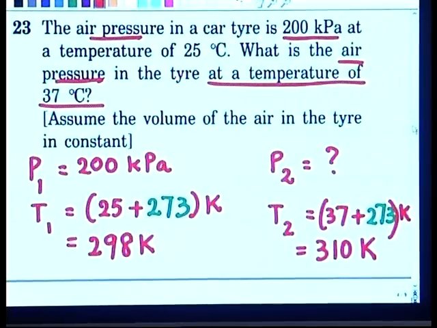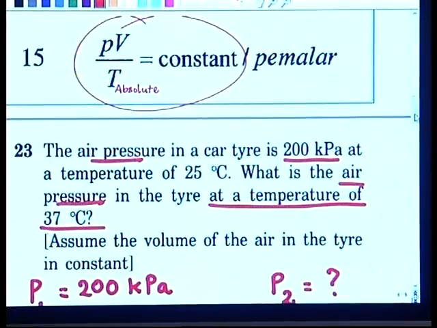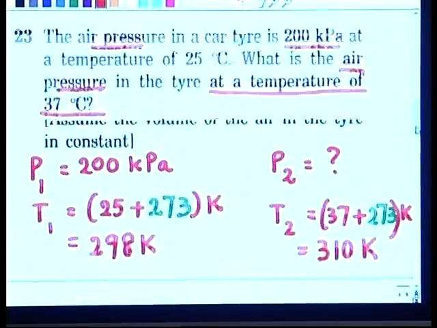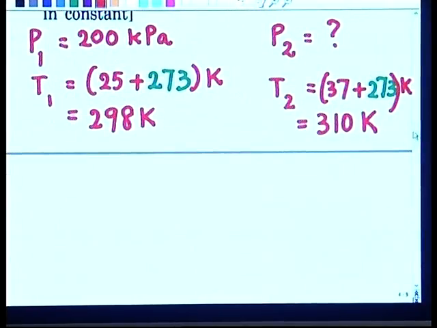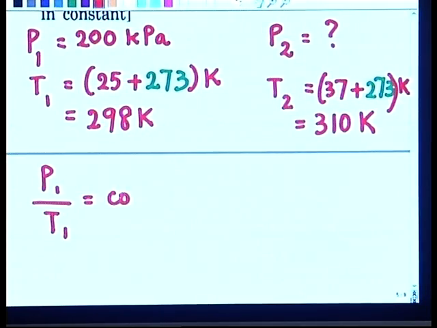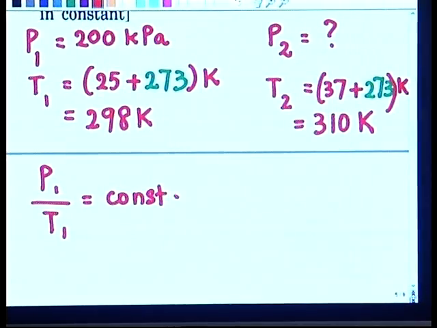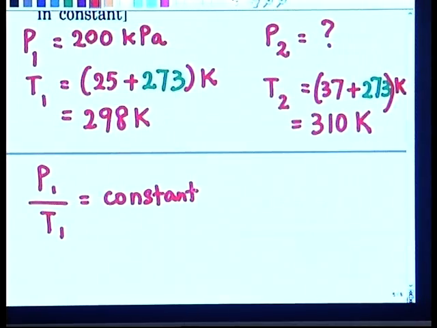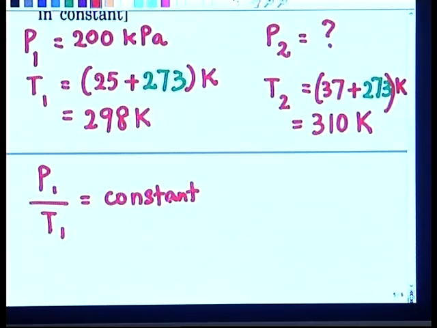So look at the formula again. PV over T equals to constant. In other words, P1 over T1 is a constant. And this constant is also equals to P2 over T2. P2 over T2 is also a constant.